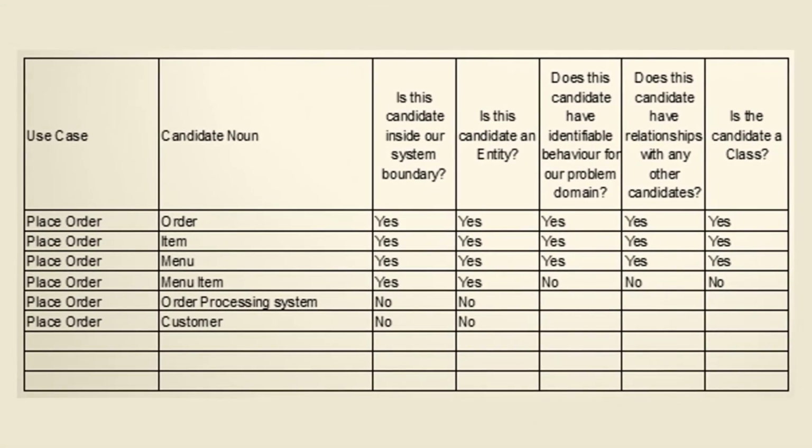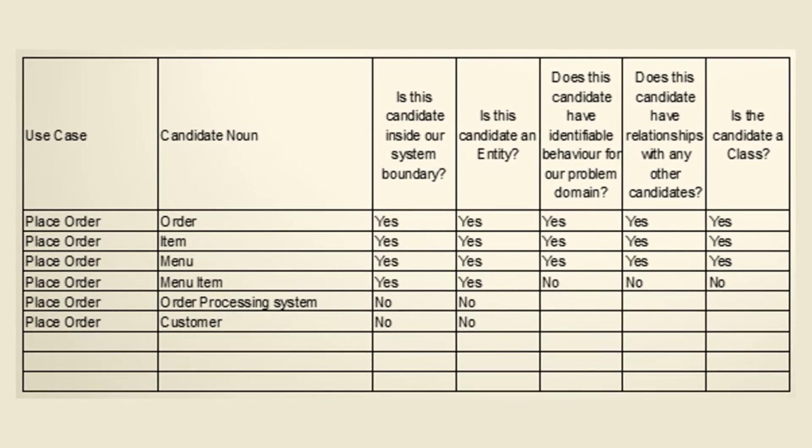Now, when you've created the class responsibility cards for all the candidates where you've answered yes to the first two questions, you can now come back to answer the final questions. Does this candidate have some identifiable behavior for the problem domain? Really translating to, are there responsibilities during which this candidate is interacting and is required to do something?